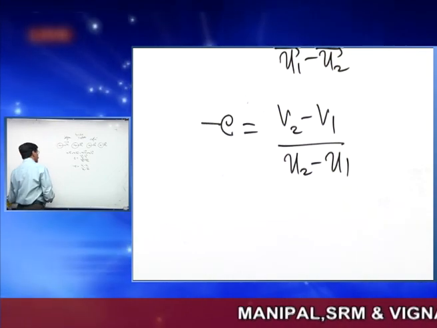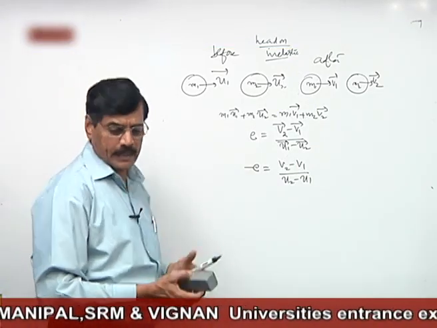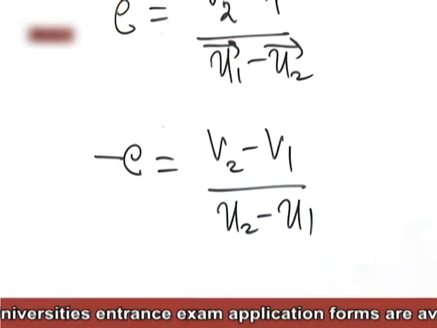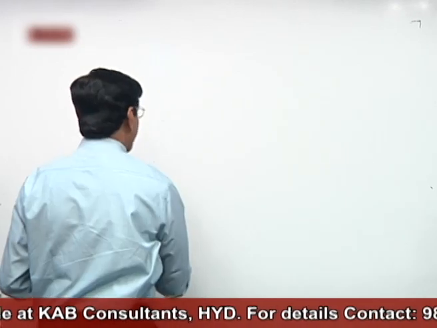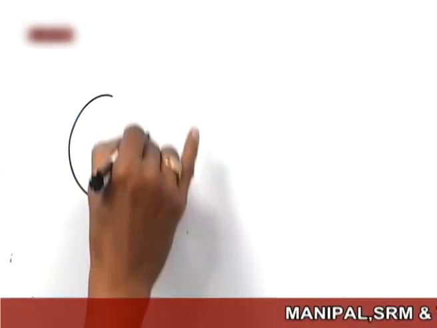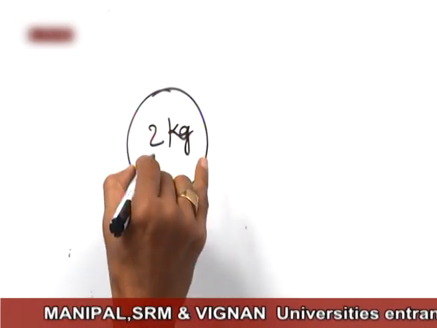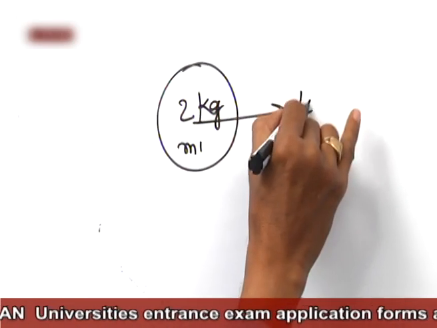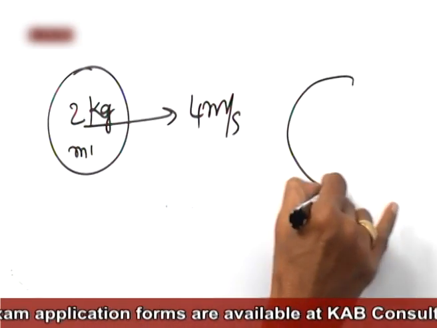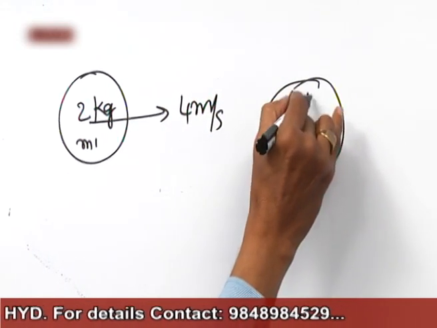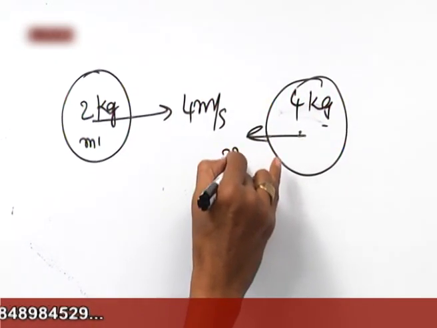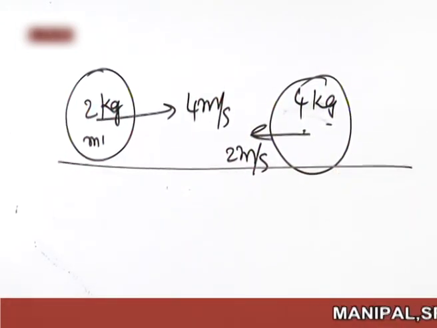Now we take up one example and analyze this collision. Consider the collision between two bodies, and how to calculate the coefficient of restitution, impulse of collision and so on. Here we consider the same example which we have taken earlier. Mass m1, 2 kg, is moving with 4 meters per second and mass m2, that is 4 kg, is moving towards left with 2 meters per second, head on.